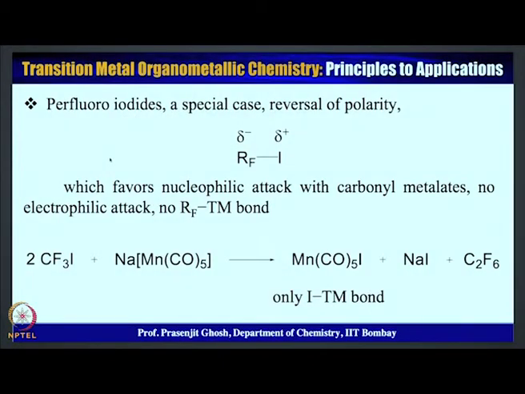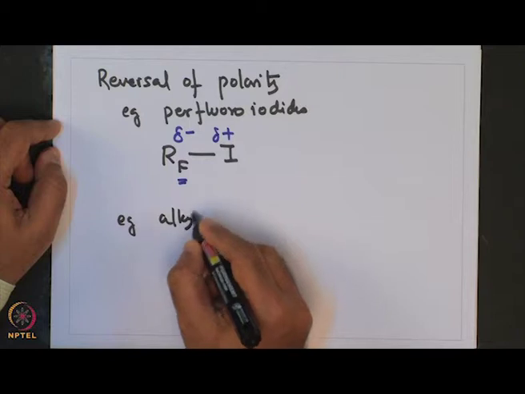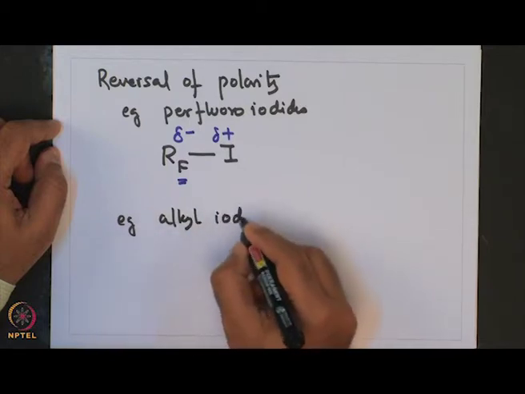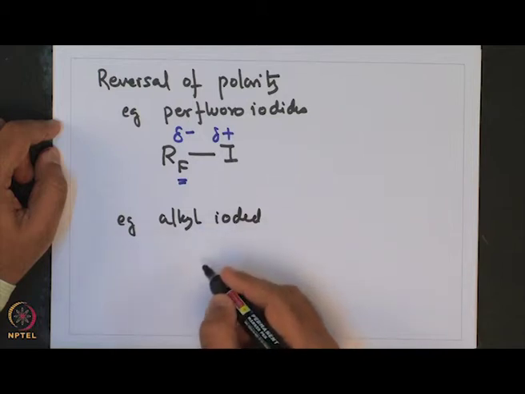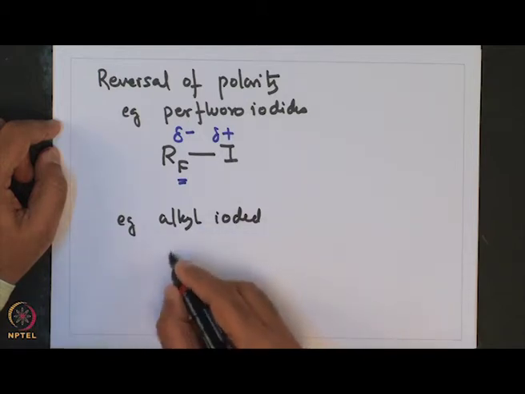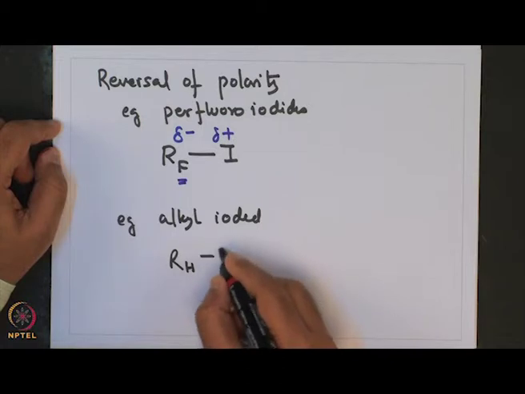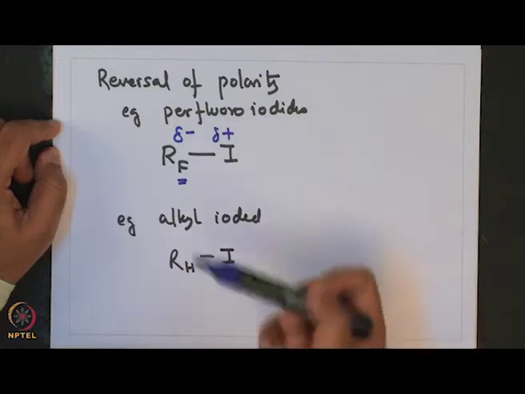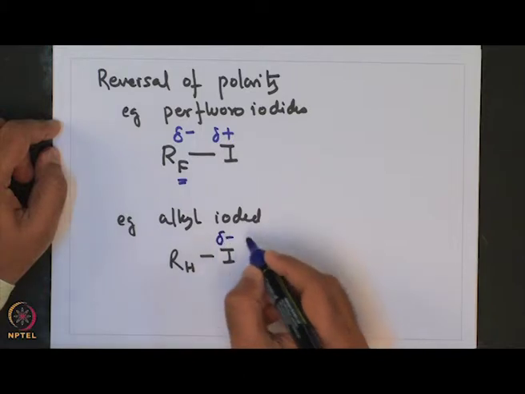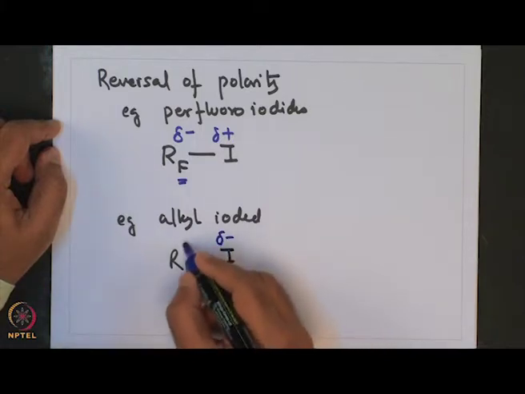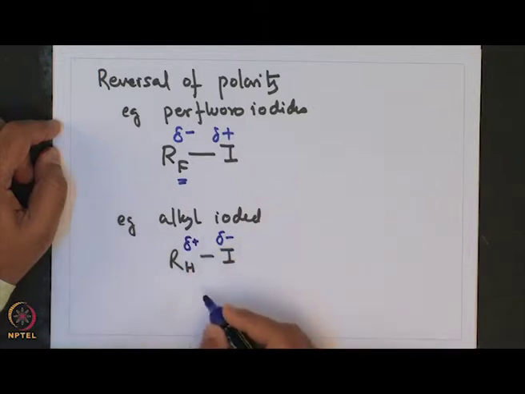However, this polarity is completely reversed to that of alkyl iodide. For example, in the corresponding hydrogenated counterpart, here in this case what we see is that iodine is delta minus and the carbon having all the hydrogens becomes delta plus, because iodine is more electronegative.